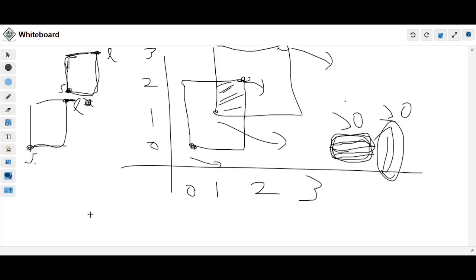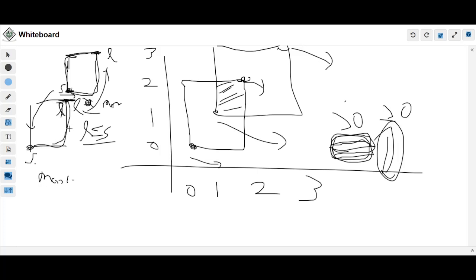So the minimum of the larger x coordinates should be greater than the maximum of the smaller x coordinates. Otherwise, as here, they're not able to get overlapped because L, our final L, is less than S.